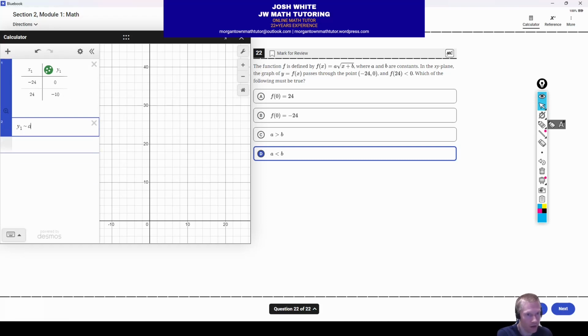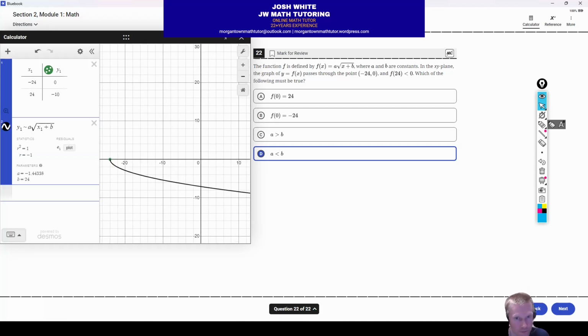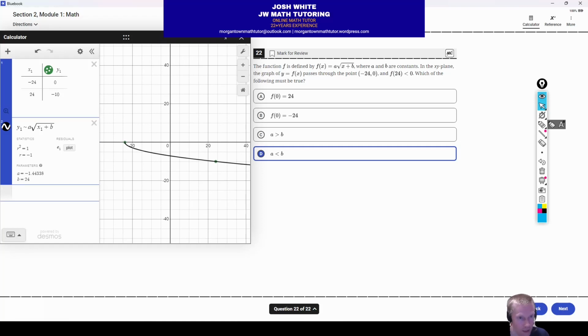And then I'm going to do a regression. So what I did is I made a table with 2 points. The first point is the negative 24, 0 point. The second point is the f of 24 less than 0, so I just picked some random negative number here. And now notice it gives us values for A and B.